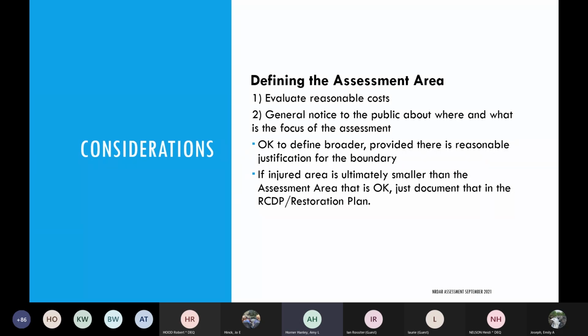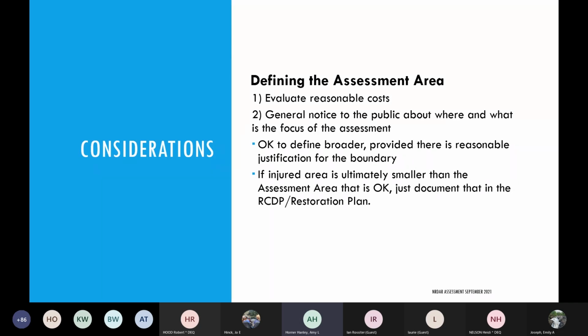And so they were reluctant to put out for public review and comment, hey, here's the boundary for our assessment area. I think it's important to include that in your assessment plan, in part because that's what the regulations say that you should do, but it gives general notice to the public about where you're focusing.